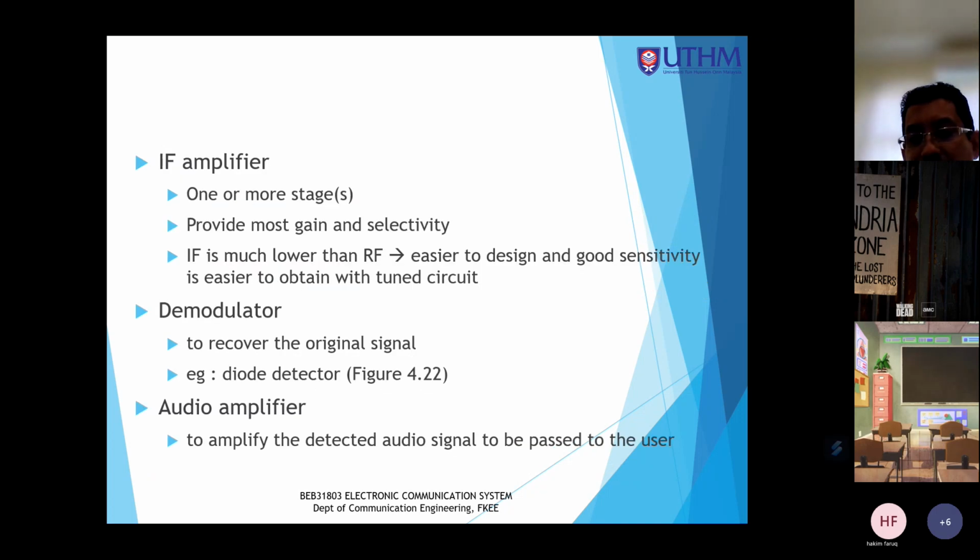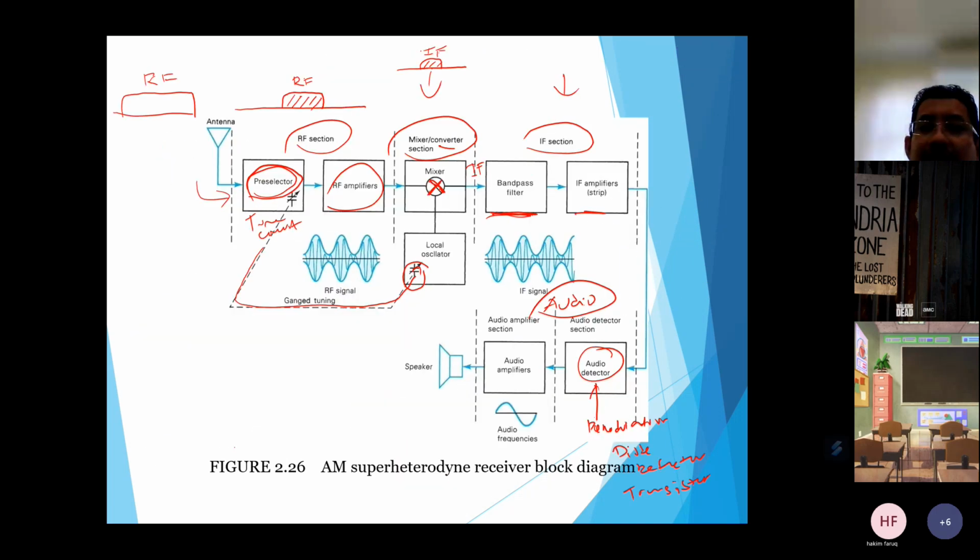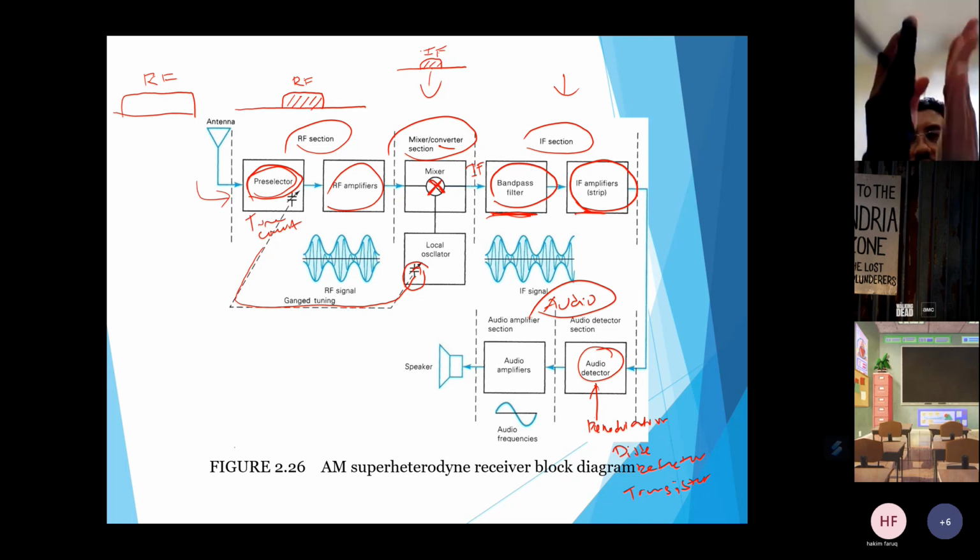And then after we reduce the frequencies, so barulah dia masuk ke dalam IF section. Dalam IF section akan ada IF amplifier dan juga band pass filter. Okay, so amplifier of course to amplify. Band pass filter ini dia nak select very cut off frequencies, a small frequencies.